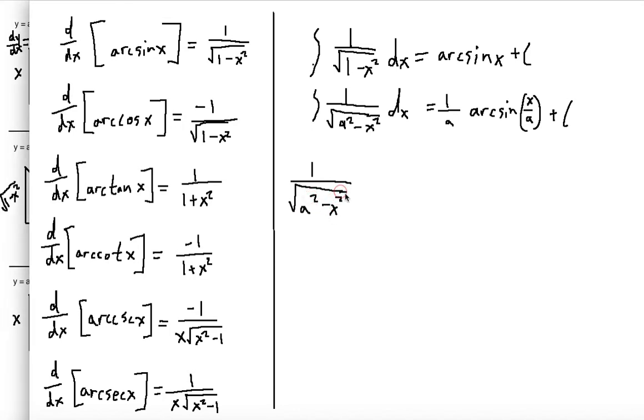I really want this first term to be 1, exactly 1. And so what I'm going to do is multiply everything by a special form of the number 1. And the form I'm going to choose is the square root of 1 over a squared, because when I distribute this in here, those will cancel and I'll get 1. And whatever I do downstairs, I've got to do upstairs as well.